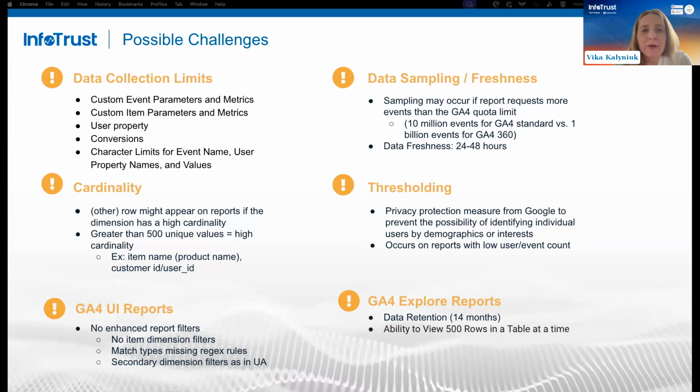Data sampling also might happen in GA4 reports. It usually involves analyzing a subset of data to extract meaningful insights from a larger data set, and it allows you to retrieve the data more quickly with minimal impact on overall data quality.